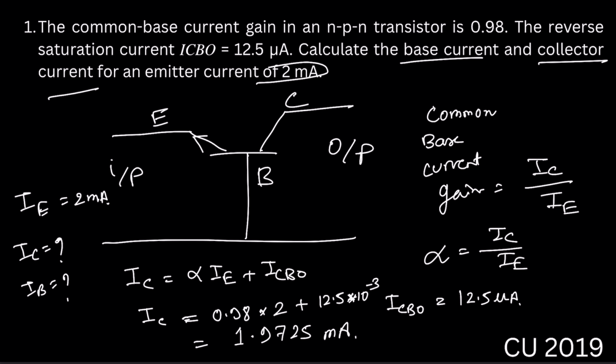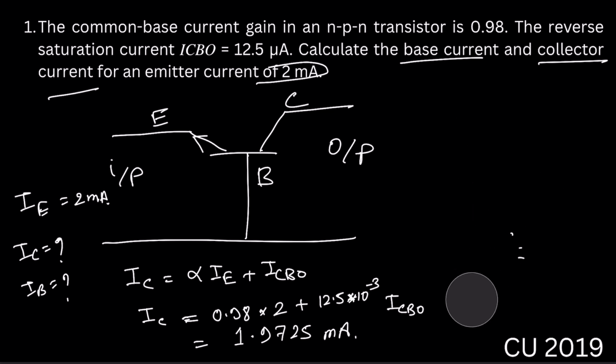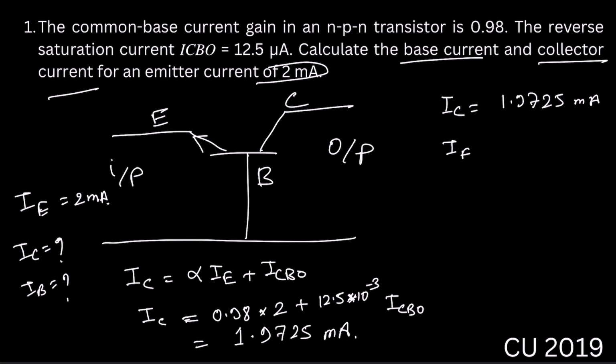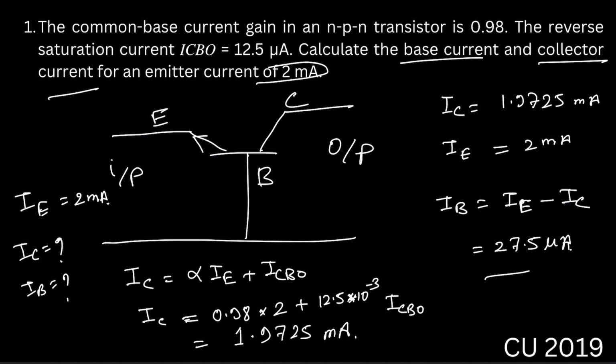Okay, so we already have the value of IC and IE. IC equals 1.9725 milliampere and IE is 2 milliampere. Then what will be the value of IB? IB will be IE minus IC. So this will be 27.5 microampere.